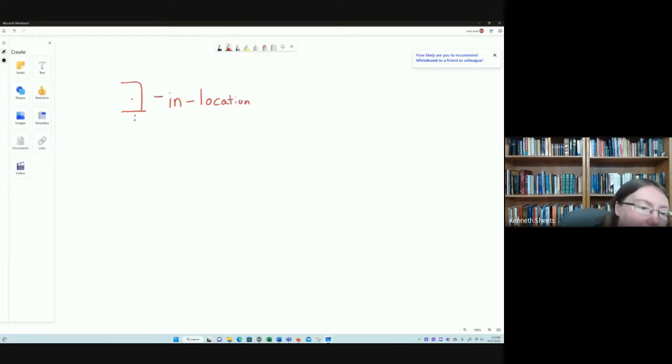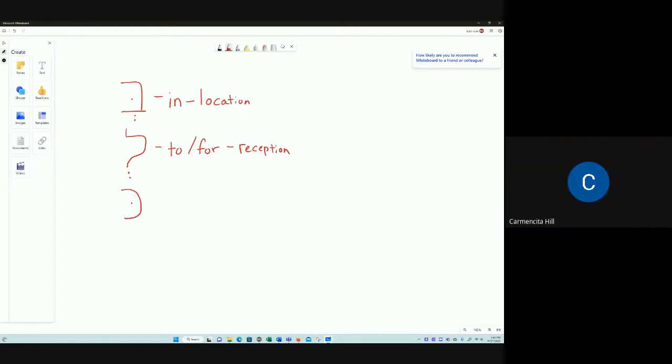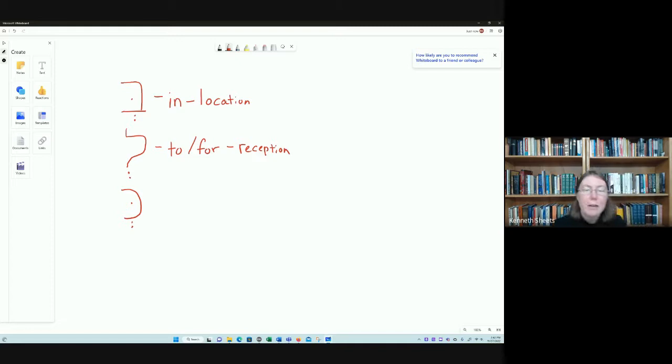Then you also have the lamed preposition as well. We would say to or for because of the fact that it does indicate a reception or direction. And then we also have the kaf preposition, which I would argue is actually more of a conjunction introducing a comparative clause, but that's neither here nor there for the moment.